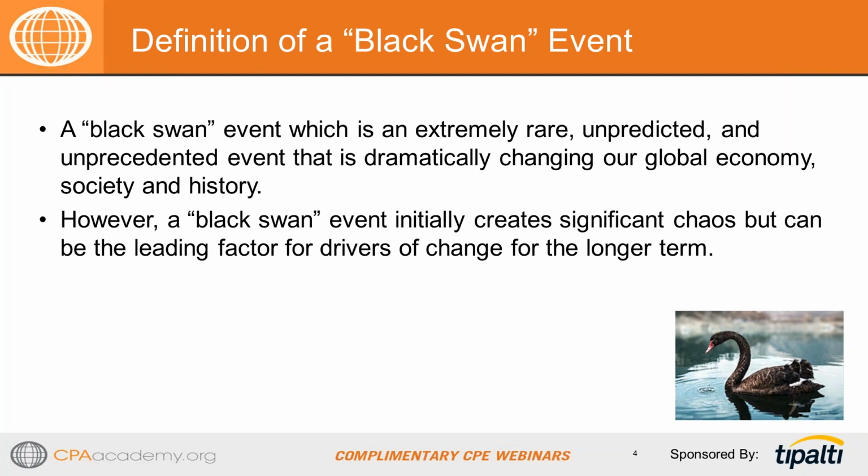Every day it's just amazing how many people and how many companies are impacted. However, good news, maybe light at the end of the tunnel, is that a black swan event initially creates significant chaos, which of course we're experiencing, but can be the leading factor for drivers of change for the longer term.